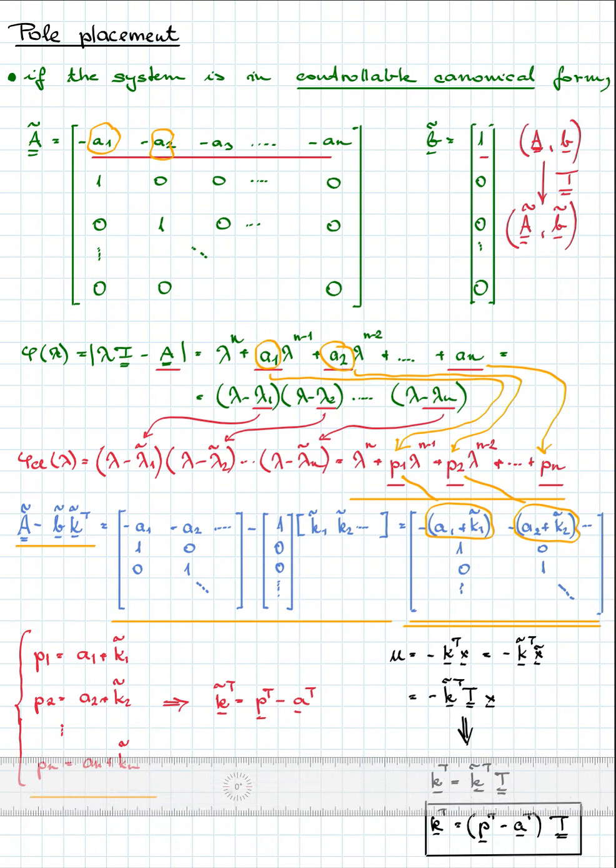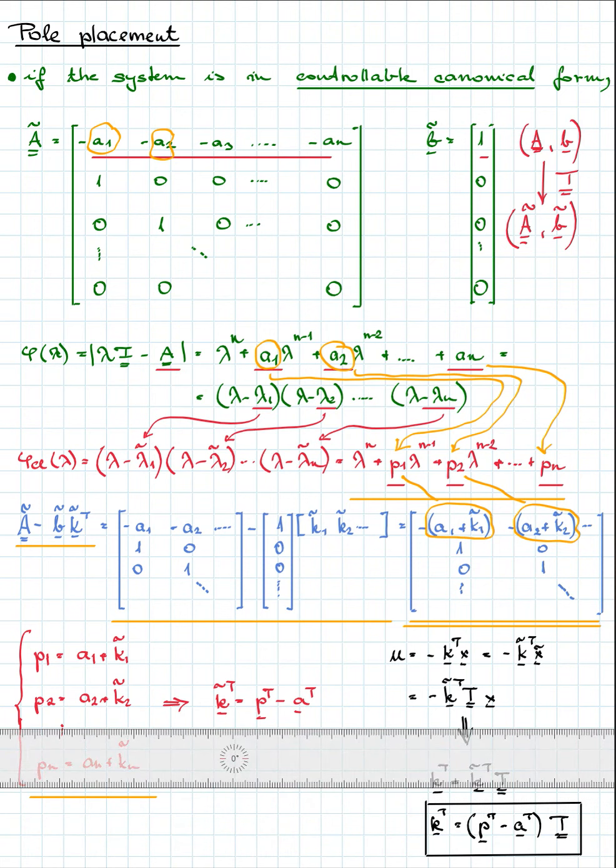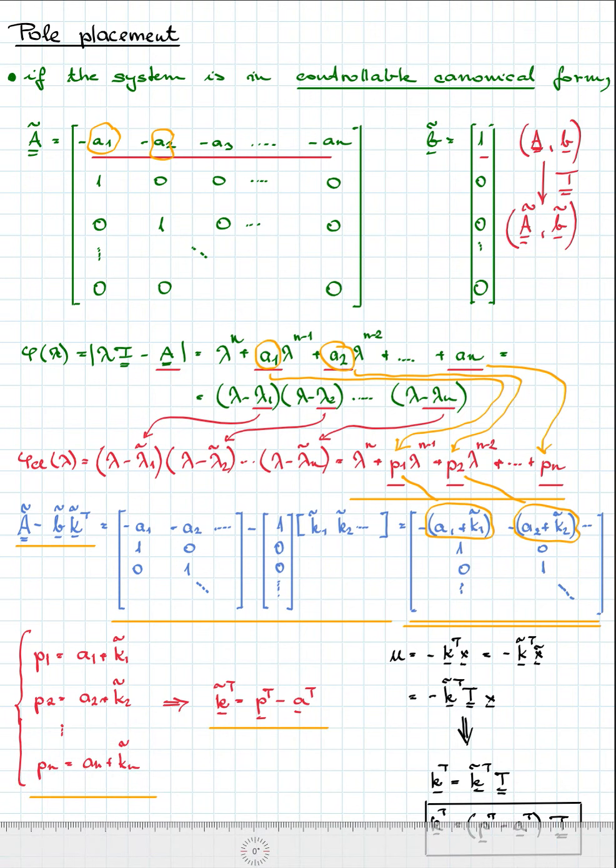And if we make some vector notations like this, we can get K tilde transpose, which is equal to p transpose minus a transpose. In p transpose, we can collect the coefficients p1, p2, etc., pn, and in the a vector we can collect a1, a2, etc., an.